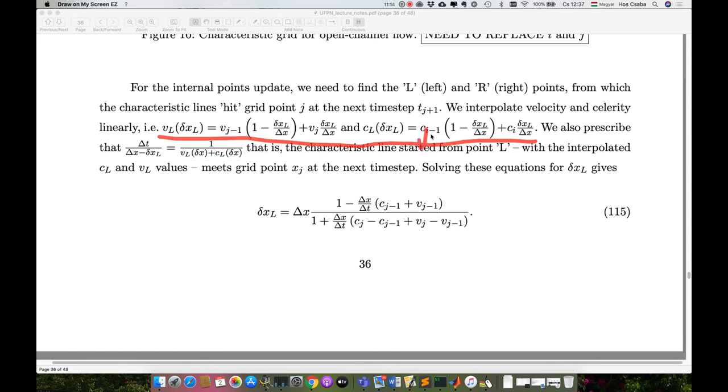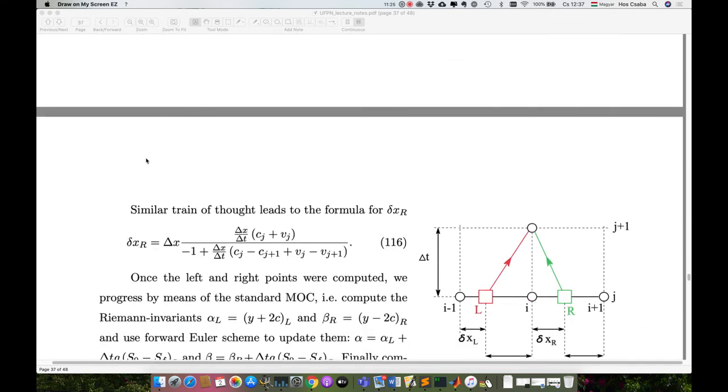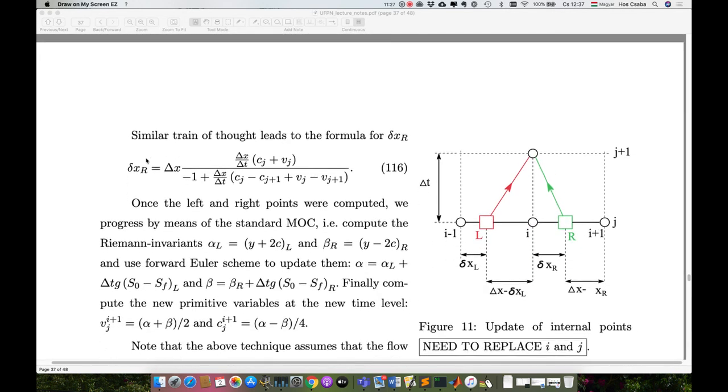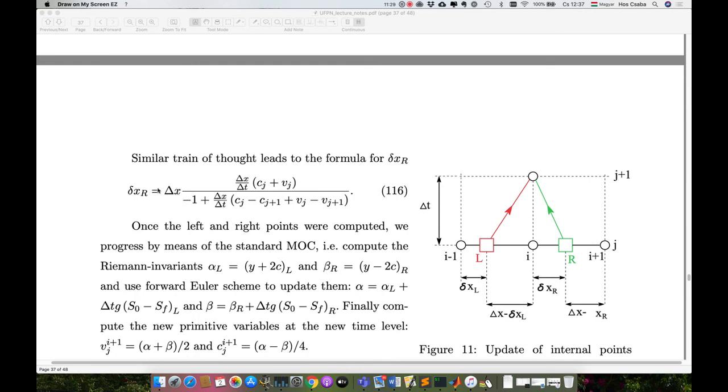Okay, I will also correct this. But it's rather straightforward. And then you work out all these equations, and then you proceed as usual. So once you have the left and right point, you compute alpha and beta, and then you update your Riemann invariants.